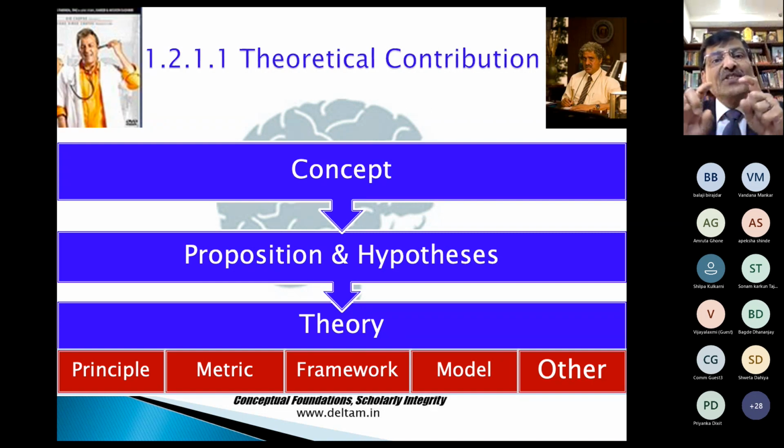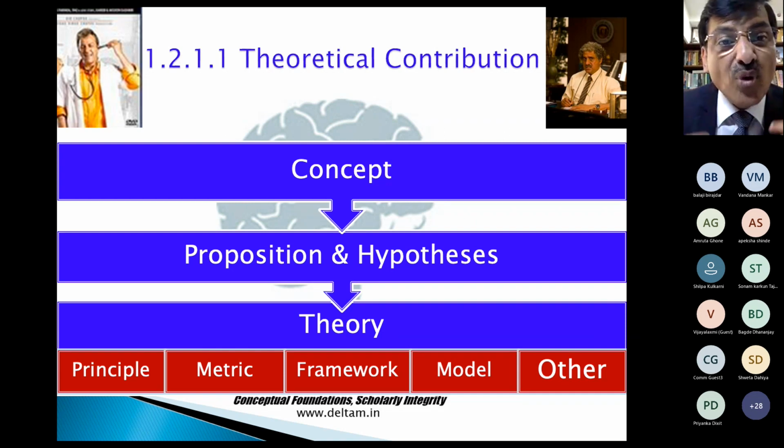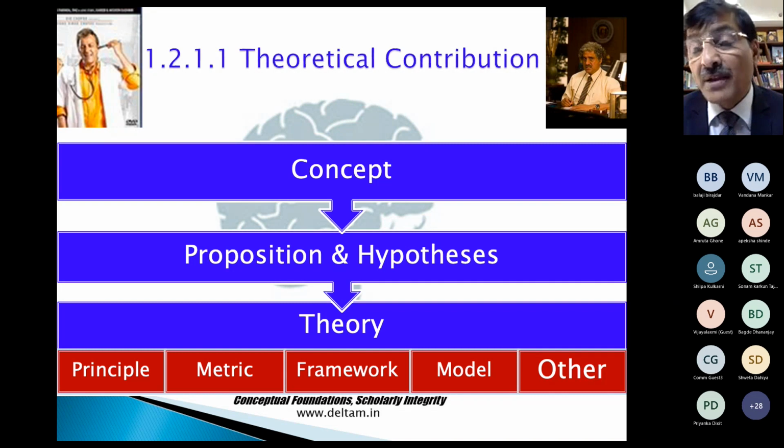This is a principle of management called unity of command, which says that if you have more than one superior for a subordinate, his functioning is likely to get affected. That is called a principle. So your research output may generate certain principles.